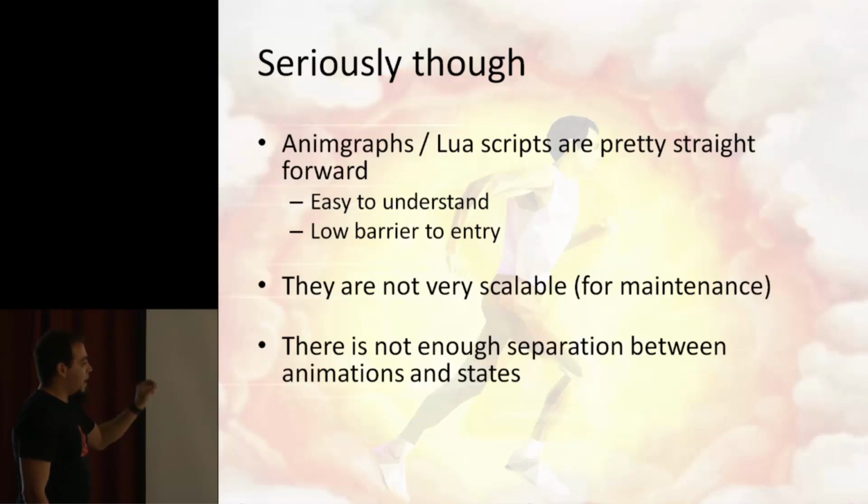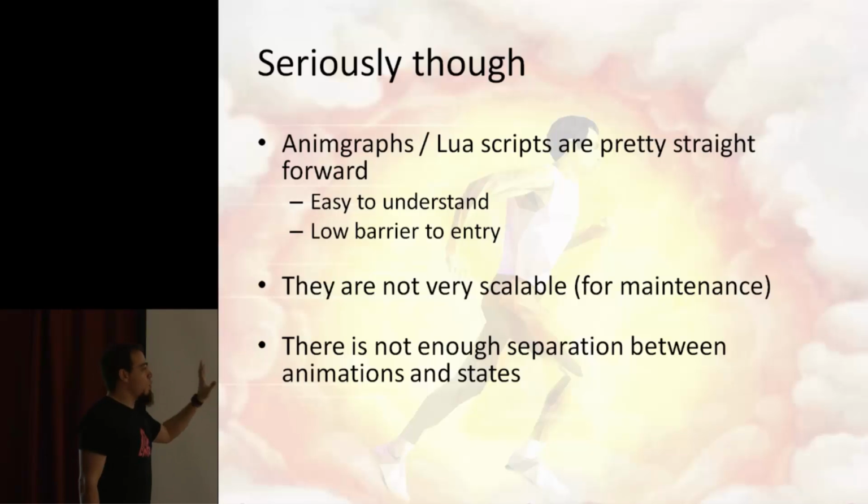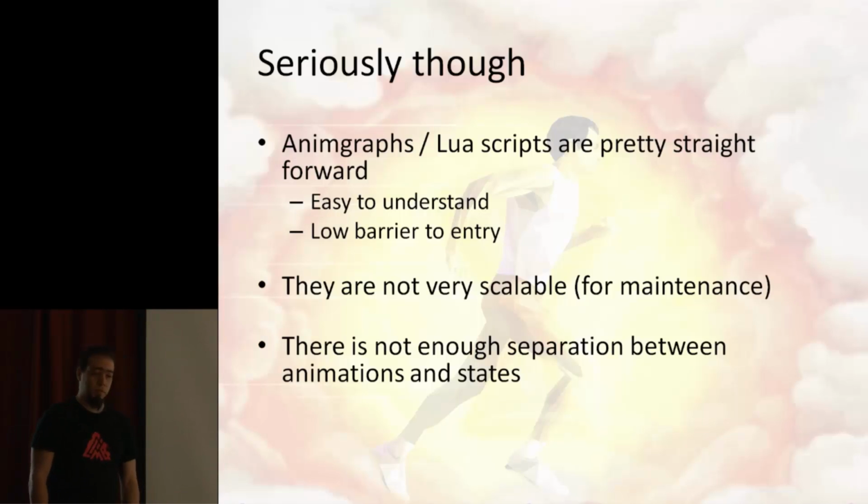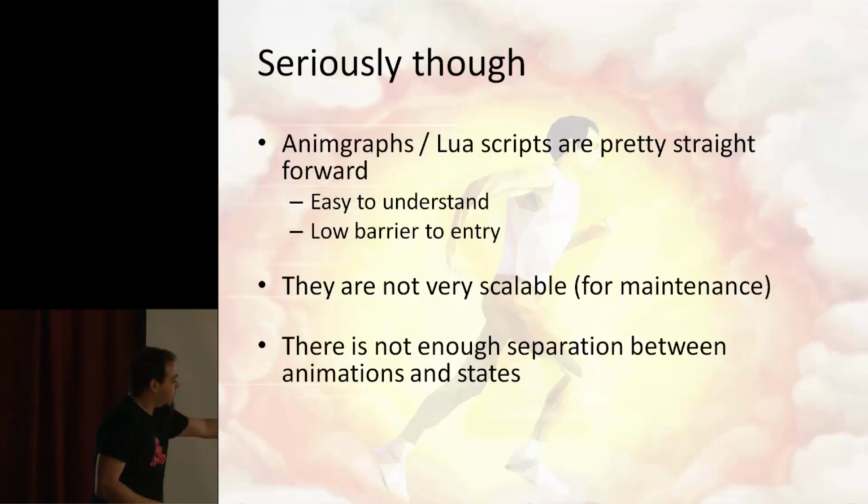So in the best case scenario, if they work brilliantly and you move them from grunt to witch, to Hunt as an example, it just happens that the guys who author these animations call them grunt underscore walk and witch underscore walk, which is completely fine if you want manageable Perforce directories. It's not going to work. The animation assets don't match. And so this is the problem. There's not enough separation between what an animation is and what an animation state is.